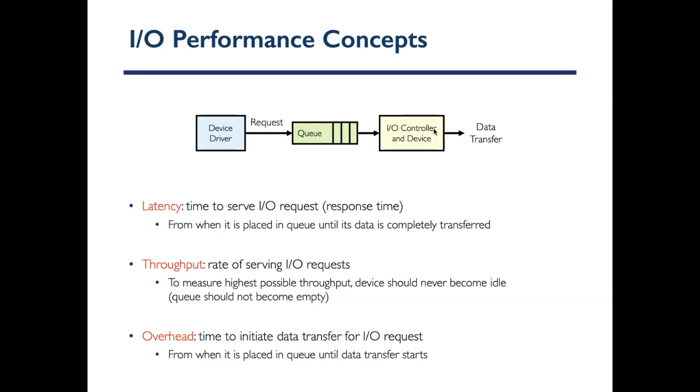In reality, it could be that the I/O controller will copy the data into its own buffers, and then from within the buffers, the device starts dequeuing. But for simplicity, let's assume that there is only one queue that all the requests are going to, and then the I/O controller can read from. Good questions. Okay.